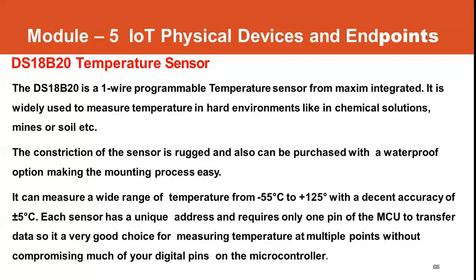Each DS18B20 temperature sensor has a unique address, and it requires only one pin of the MCU to transfer the data. So since the number of pins required to integrate this particular temperature sensor is small, it is a very good choice for measuring the temperature at multiple points without compromising much of the pins.